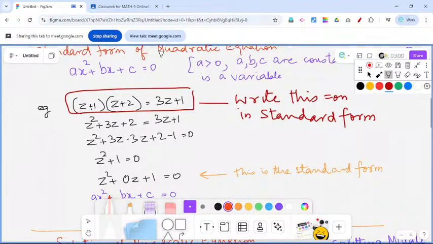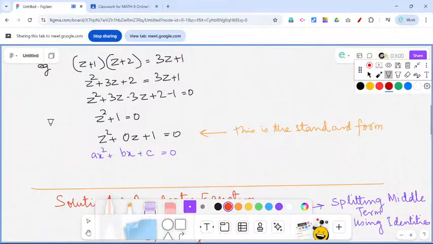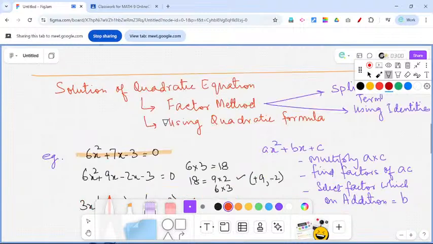You will have to write those equations in standard form. Standard form is ax square plus bx plus c is equal to 0. इस फॉर्म में आपको लिखना है, ओके. So एक तो इस टाइप की exercises होंगी. You will be given different equations and you have to write them in standard form. Okay, is it clear?